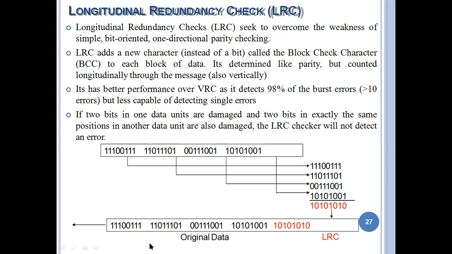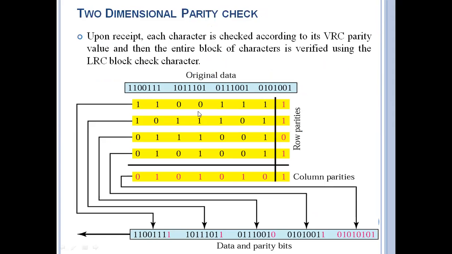Frame 1, frame 2, frame 3, frame 4, and the XOR operation of those 4 frames is added to the original data. Now the original data 11111. This is odd parity, so 1 is added. This is also odd parity, 1 is added. This one is even parity, so 0 is added. This one is odd parity, 1 is added.